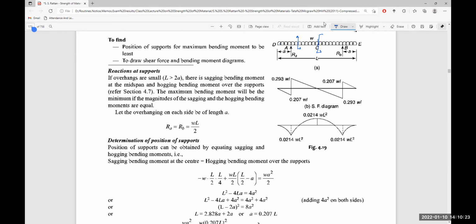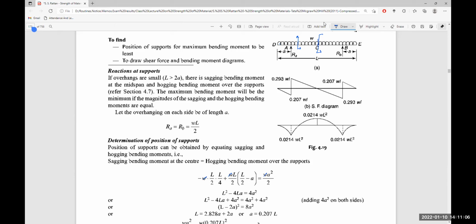And this is equal to w a squared divided by 2, that is, w a, the load on the overhang, multiplied by the distance a by 2. If we simplify further, it becomes L squared minus 4La plus 4a squared.